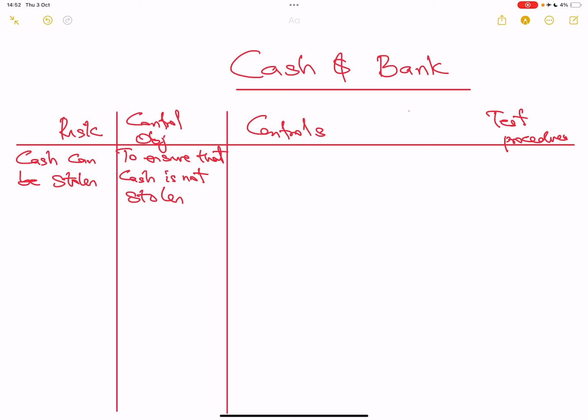So just trying to ensure that cash is not stolen, there are a lot of controls we have to put in place, because remember, there are two types of cash that we're talking about. There's physical cash involved, and there's also bank balance. Whether it's in the bank or is physical cash, it can still be stolen. So what are the controls we have to put in place? Let's start with the physical cash.